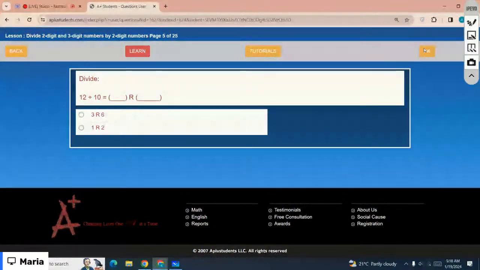The correct option is, yes, that is 1R2. Option number 2 is the correct option.